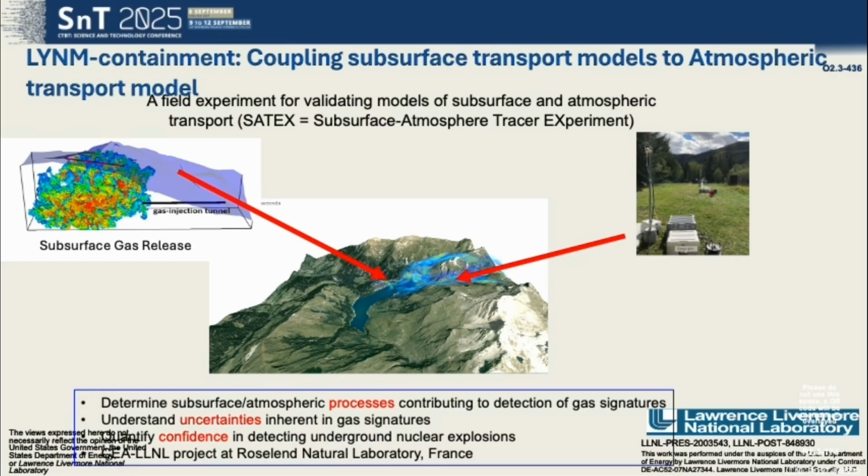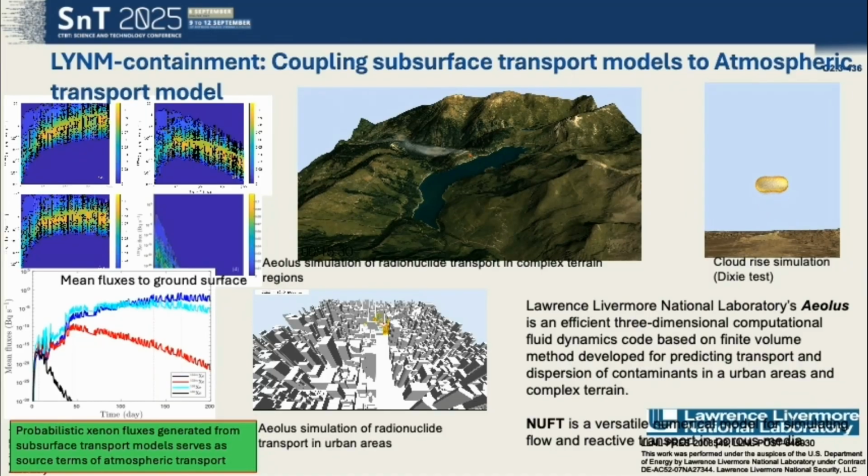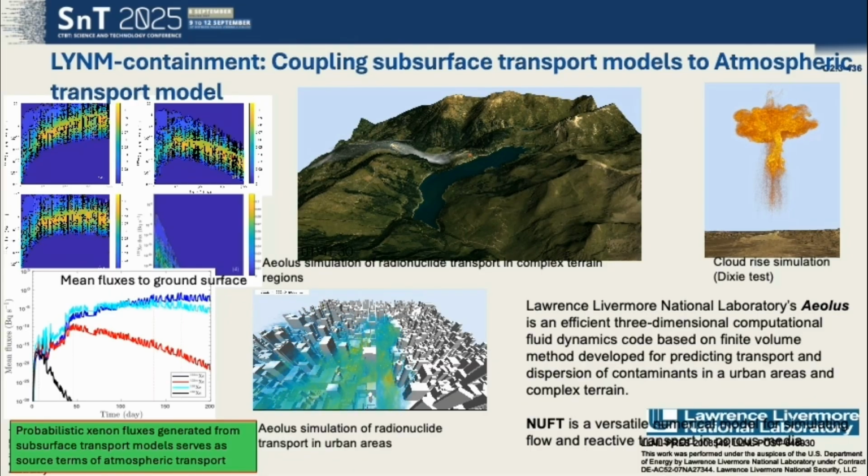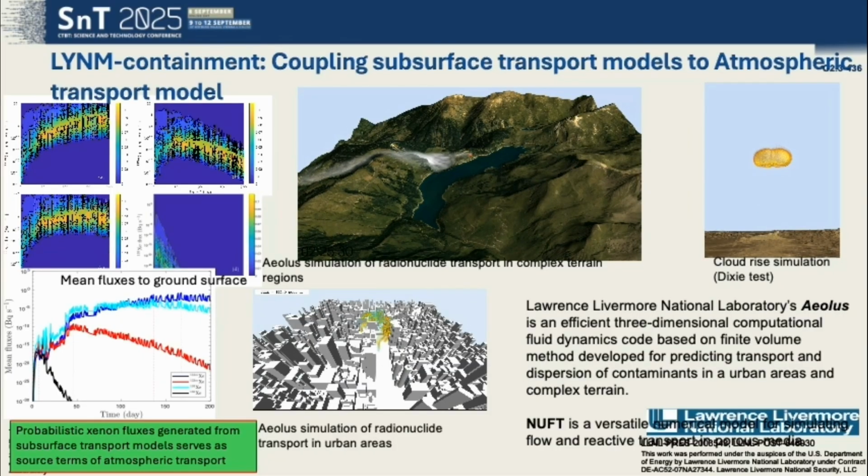So this SATIX experiment is going to happen, and we're going to use the data from this experiment to validate our model. So what are the models we are going to use? As I mentioned, we are going to use Aeolus as the atmospheric simulation tool, which is a really high resolution model that can account for all the complex terrain region, urban areas, everything.